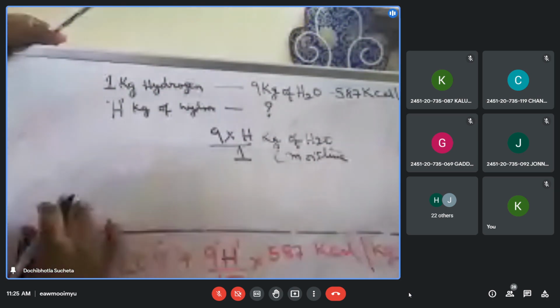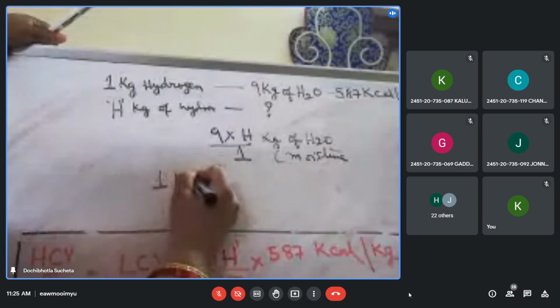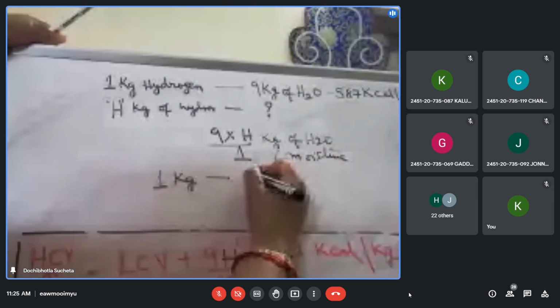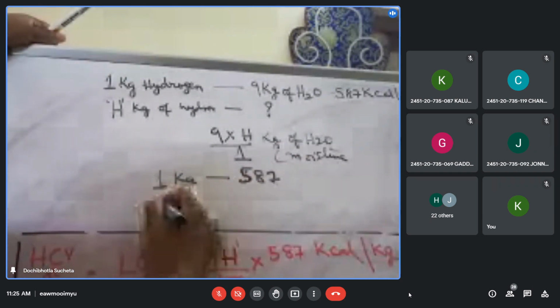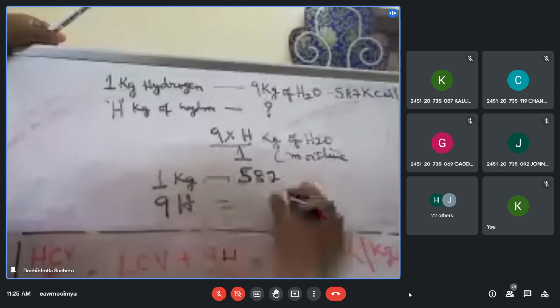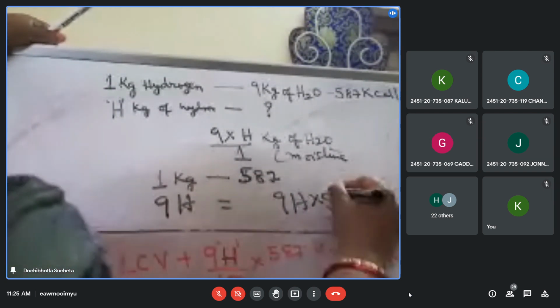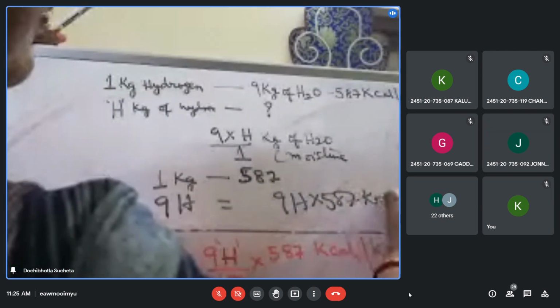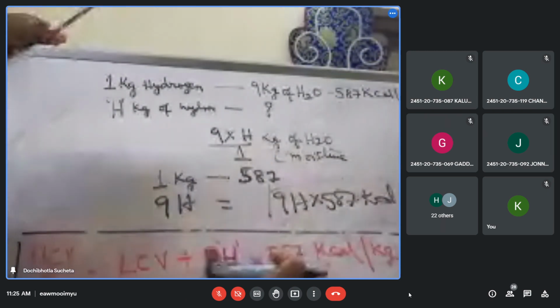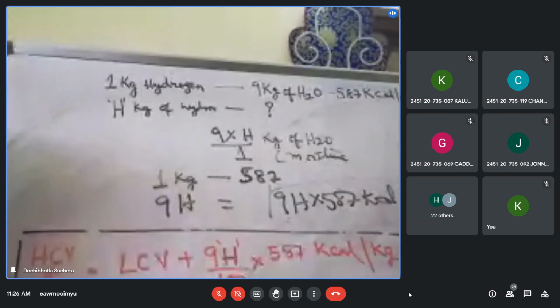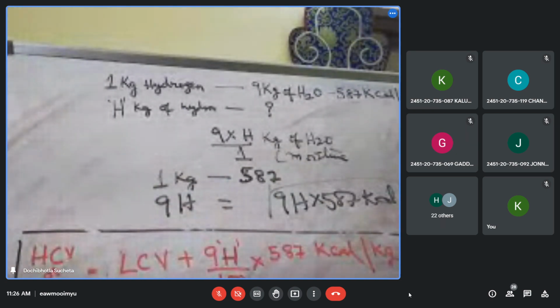If I know that for 1 kg of moisture, the latent heat of condensation of steam is 587, therefore for 9H, it will be 9H into 587 kilocals per kg. Why have I divided by 100? For percentage calculation.